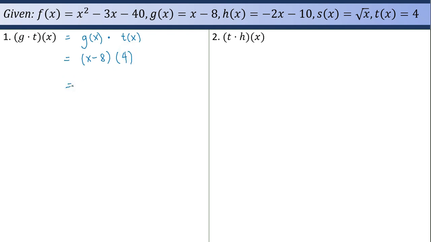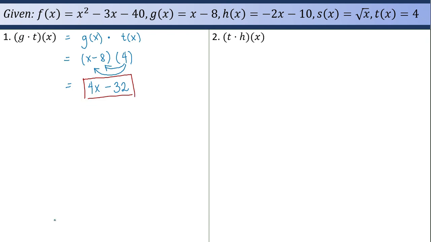So we have x minus 8 times 4. I-distribute lang natin yung 4 sa x minus 8. So we have 4x minus 32. Therefore, g times t of x is equal to 4x minus 32.